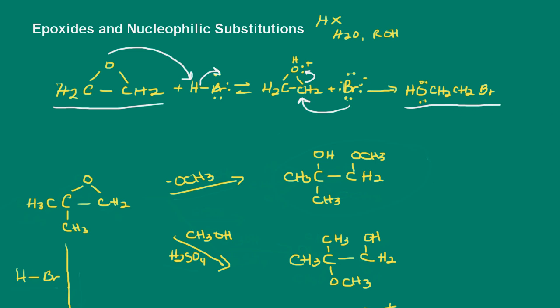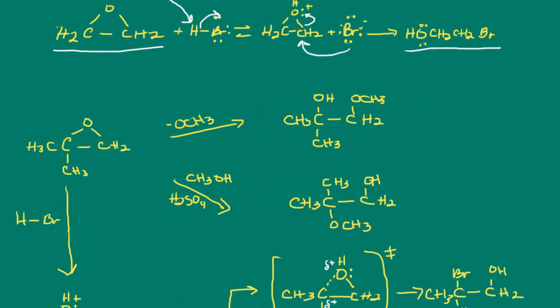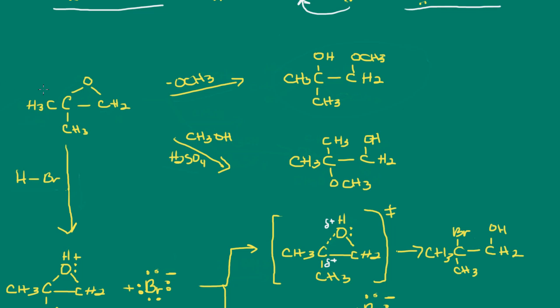Now, in the case where we have an epoxide that is asymmetrical, and right here we have 2,2-dimethyl oxirane, the situation changes.